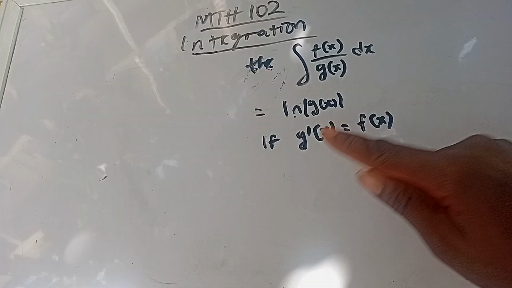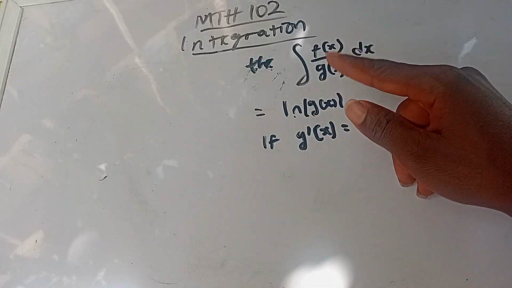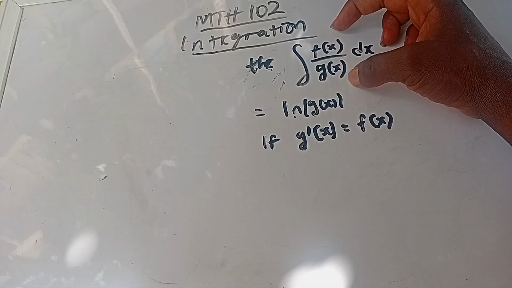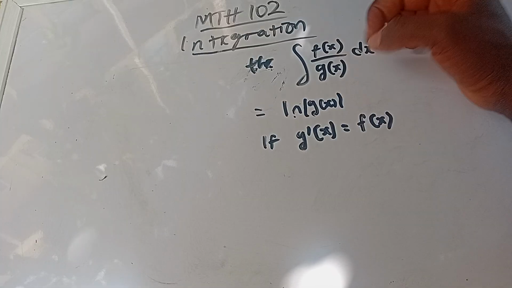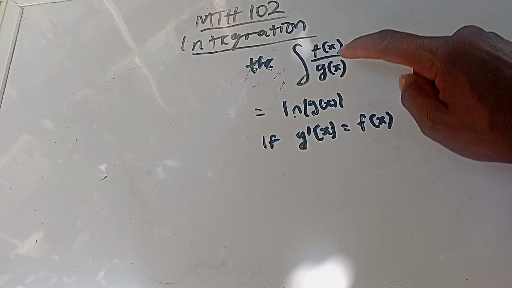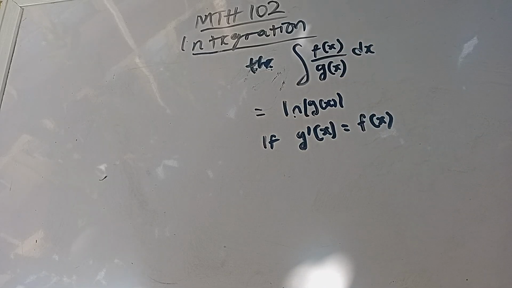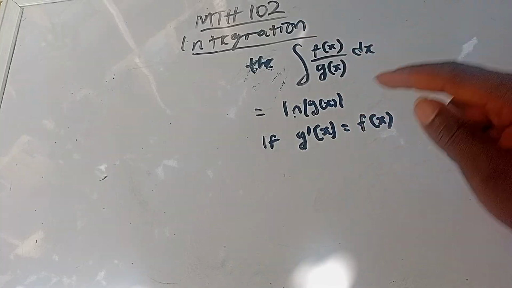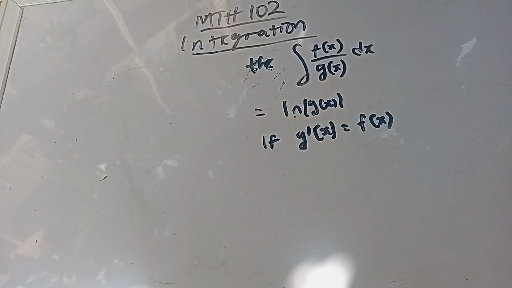What's the meaning of prime? That is if you differentiate. So the integral of a rational function, I mean when you have a fraction, equals ln of the denominator if the derivative of the denominator equals the numerator. If you differentiate the denominator and the answer you get is the same as the numerator, then the final answer will be ln of the denominator.